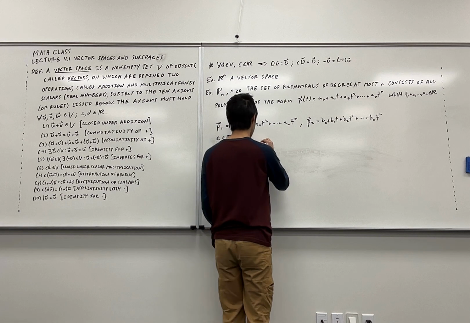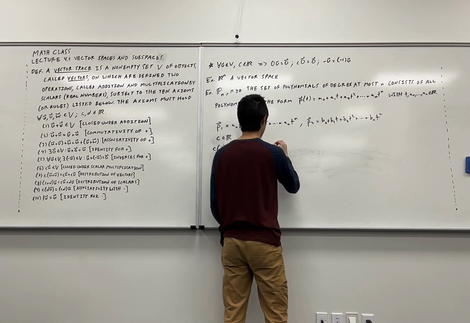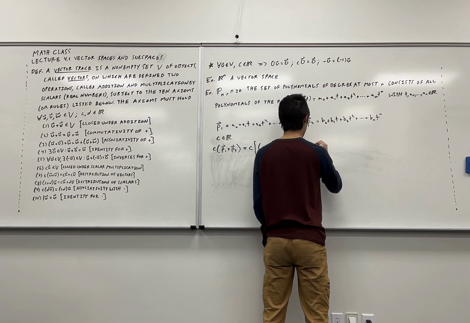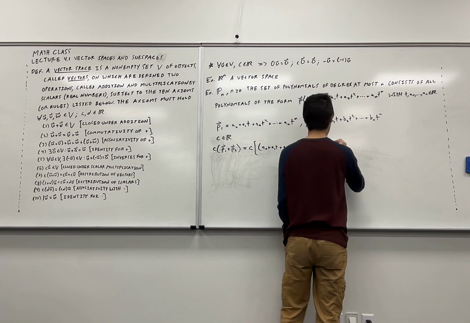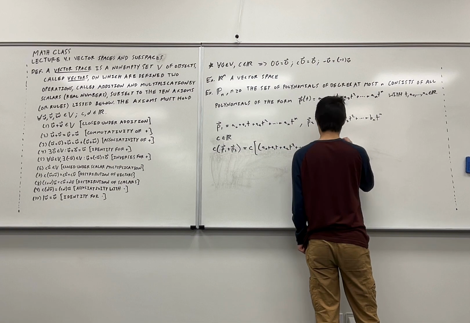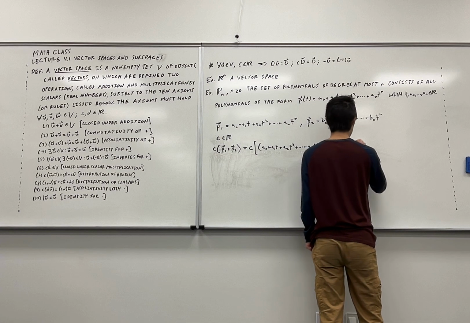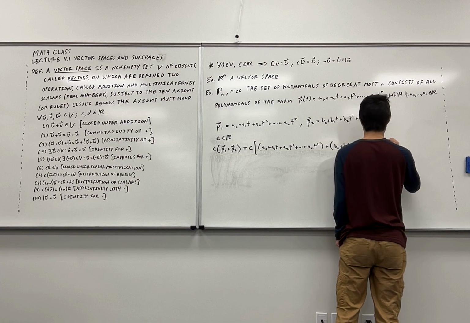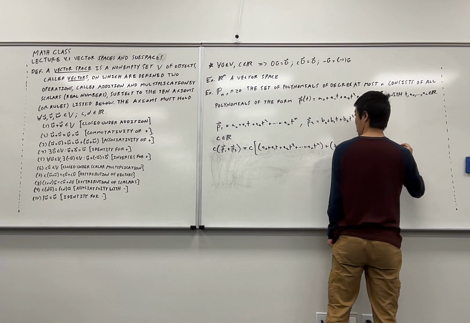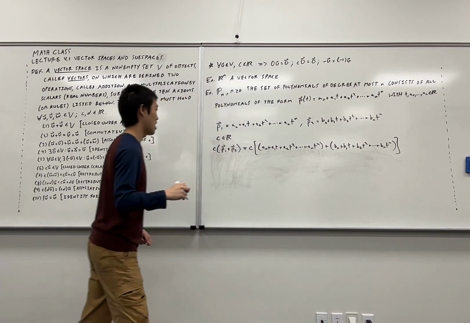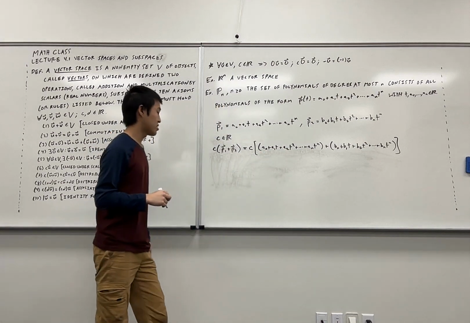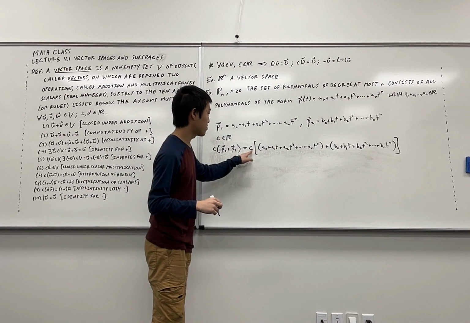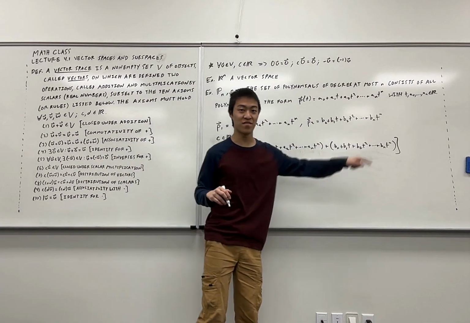times their sum. So a naught plus a1t plus a sub 2t squared plus all the way through a sub n t to the n, plus b naught plus b1t plus b2t squared all the way out to b sub n t to the n. And then, so that's our c times p1 plus p2. And basically, I know from distributive property, I can just put that c and multiply it against every single one of these, right?